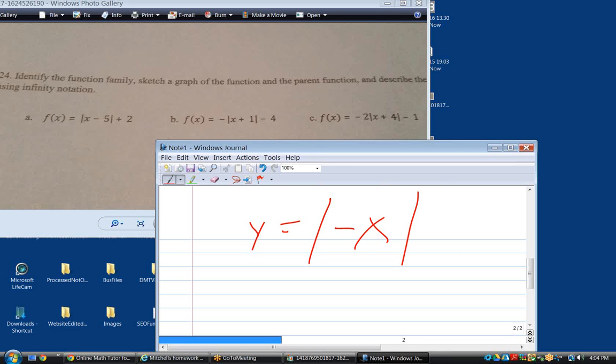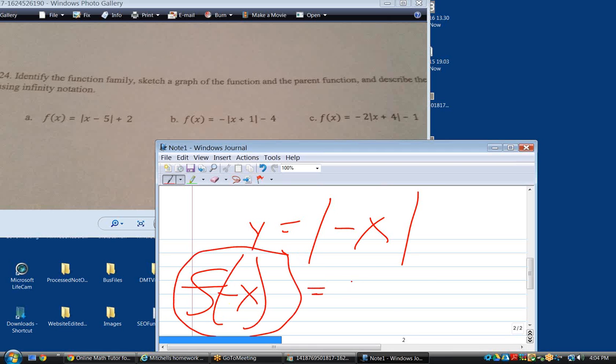No, it would just be a reflection over the y-axis. In other words, when your negative sign is in front of your parent function, it's a reflection over x. But when the negative sign is inside, if I'm looking at f of minus x, that is a reflection over y.